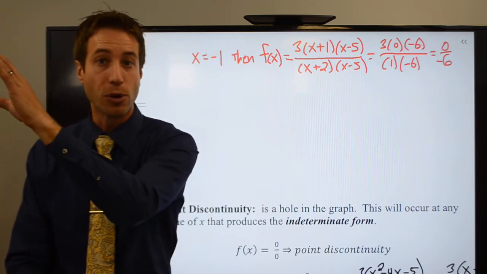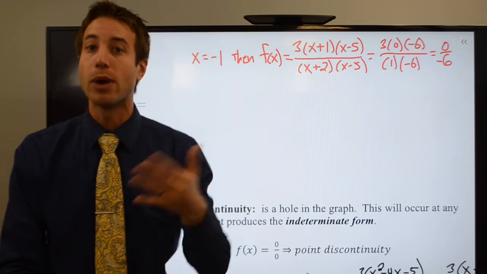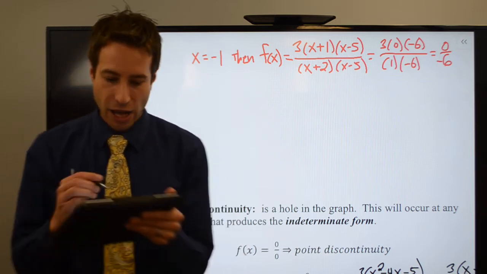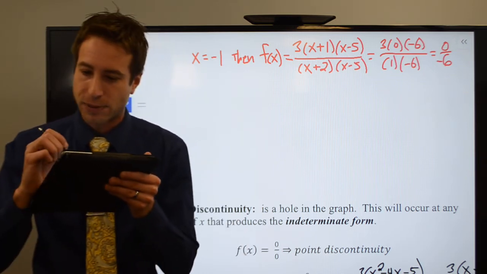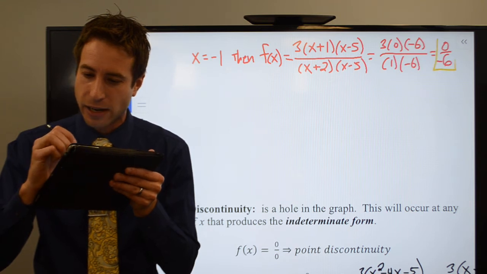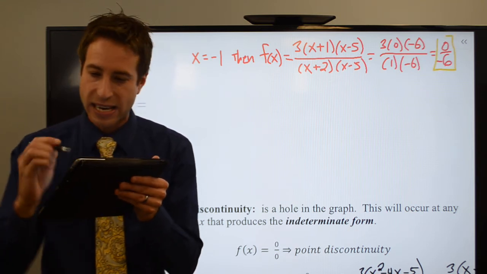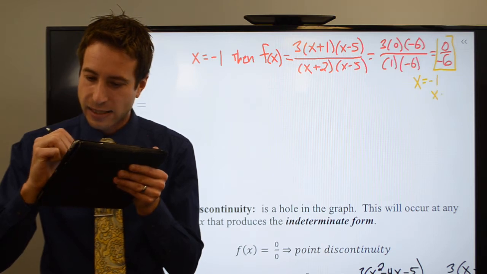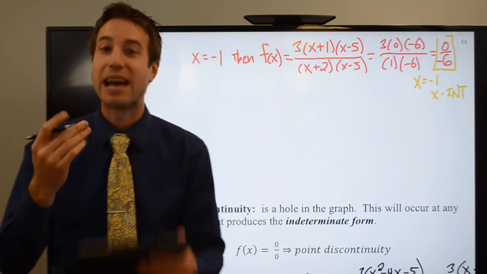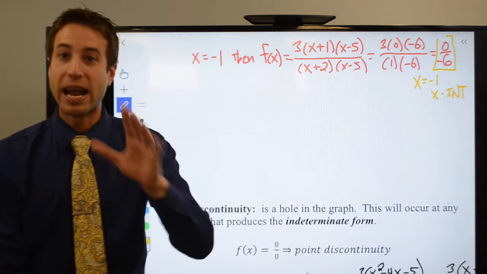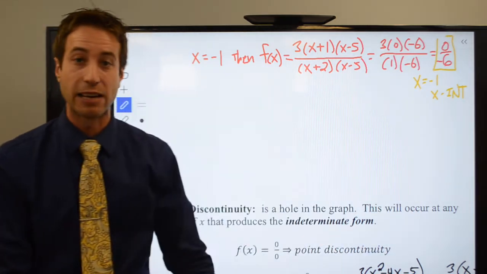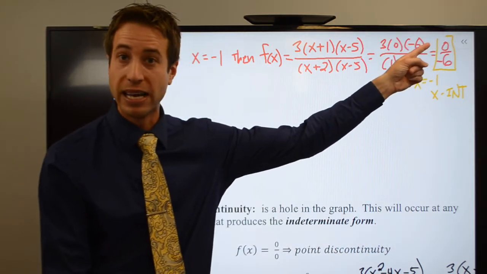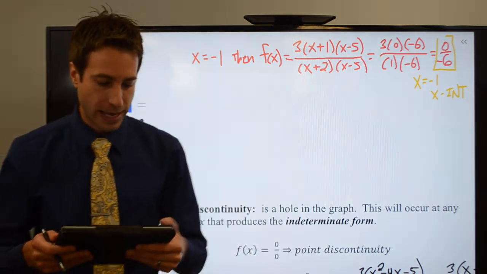You set the numerator equal to 0, and what do you get? Yeah, you get x-intercepts. So when x is equal to a -1, we have an x-intercept. So we would have an x-intercept at x equals -1 because that gives me 0 in the top. All right, stick with me.